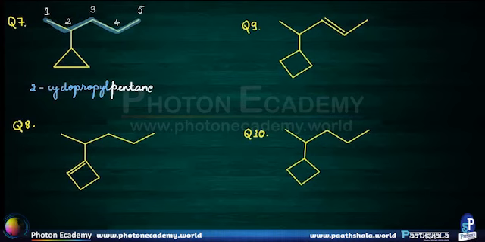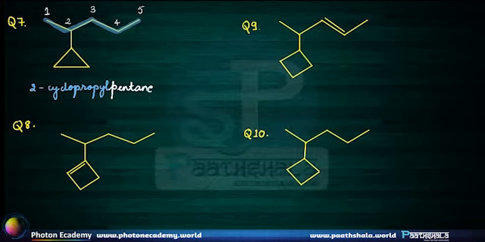Now in question number 8, although the open chain is having more number of carbon atoms, we cannot choose it as the main chain because the double bond is present in the cyclic ring. So, it's compulsory according to the rules that we need to choose the ring only as our main chain. Now, let's number our ring: 1, 2, 3 and 4.